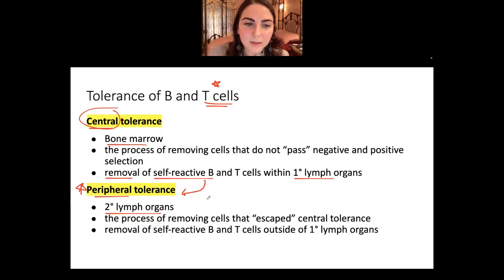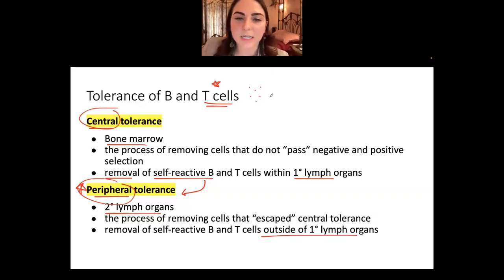You're removing self-reactive B and T cells, but now we're outside of the primary lymphoid organs, in the secondary lymphoid organs. I'm emphasizing this now because it'll make tomorrow a lot easier, as it's a little more complicated with T cells. If you grasp it now, or at least have an idea of what I'm talking about, it'll make tomorrow a lot easier.